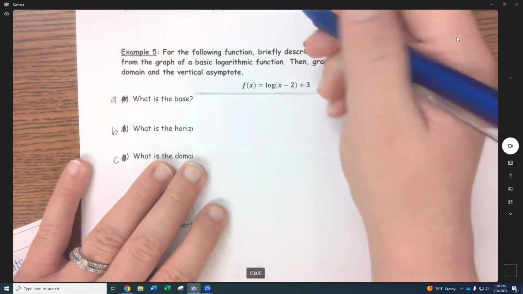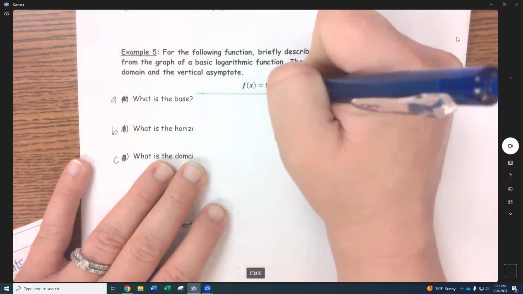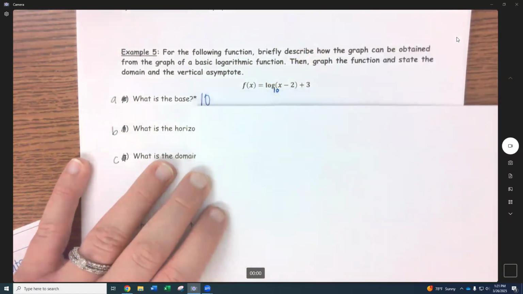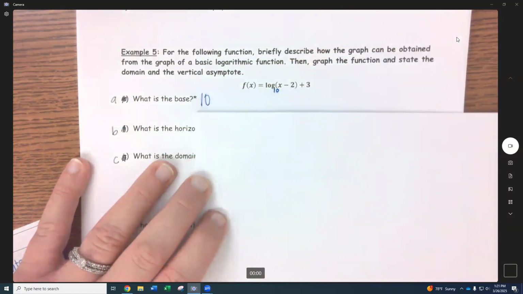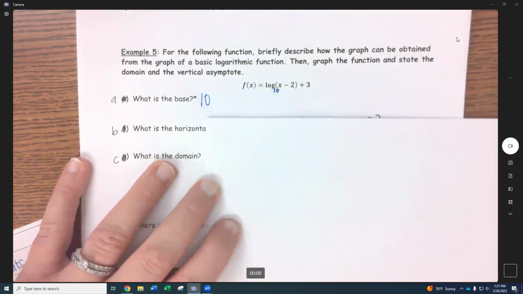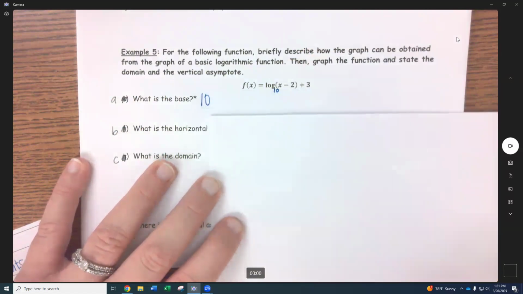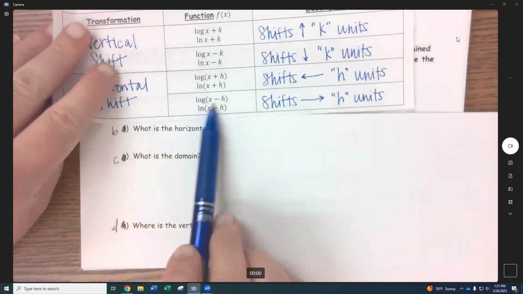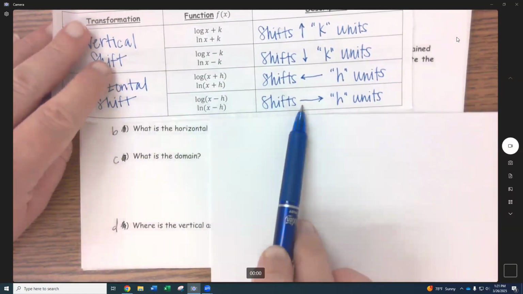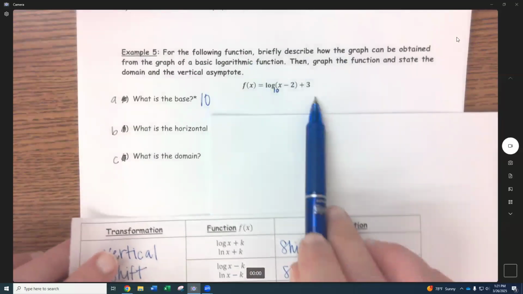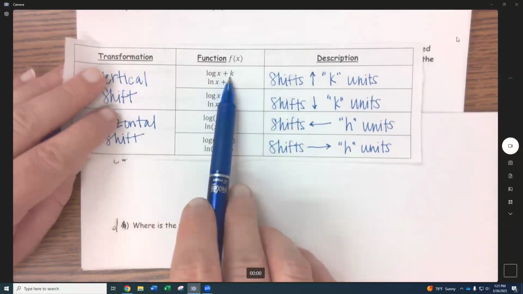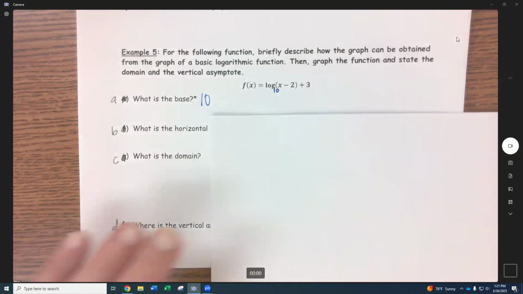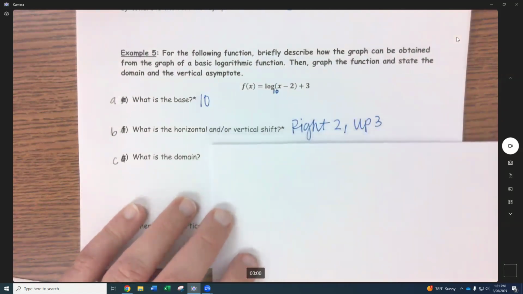If we don't see a base, then there is an unwritten 10 right there. So this is a base of 10. What is the horizontal and or vertical shift? So this -2 inside parentheses shifts it to the right. And then this 3 on the outside, that plus k, moves it up. So this one is right 2, up 3.